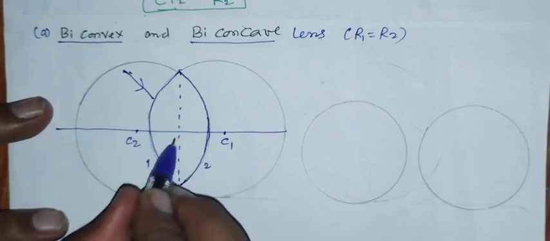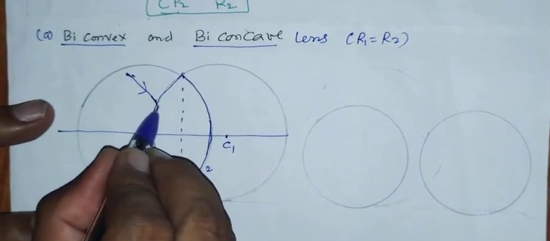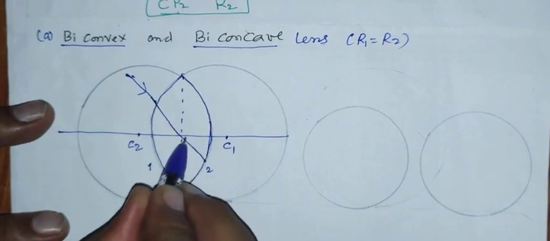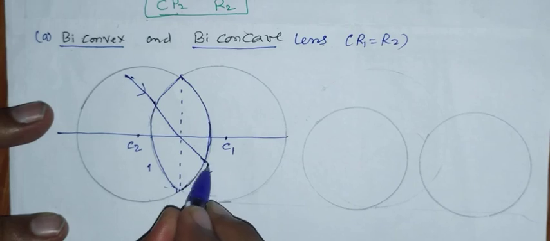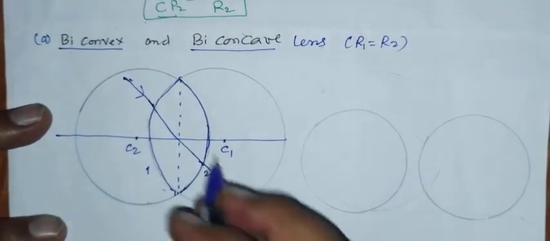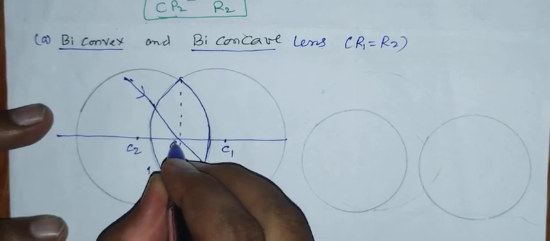Here see very carefully, this incident ray is just passing through and without deviation here in this case. This is the optical center.